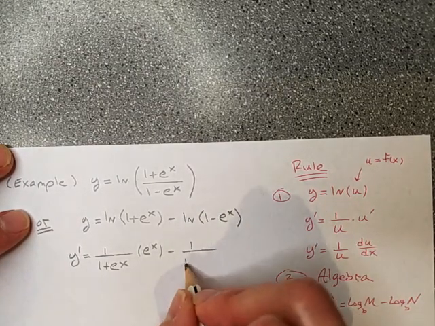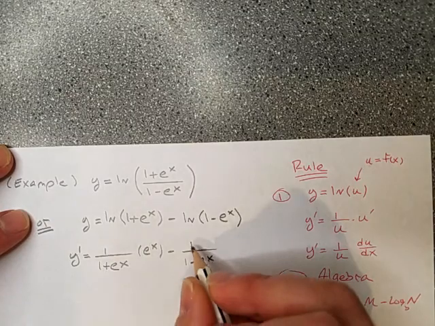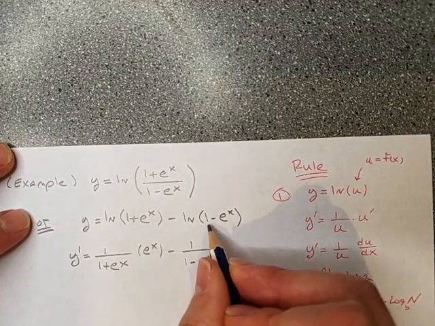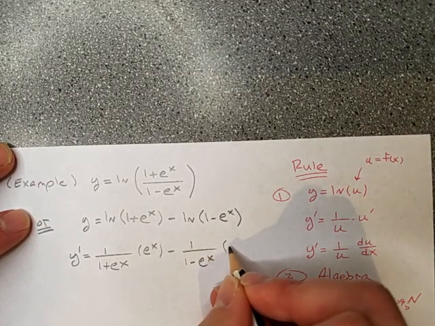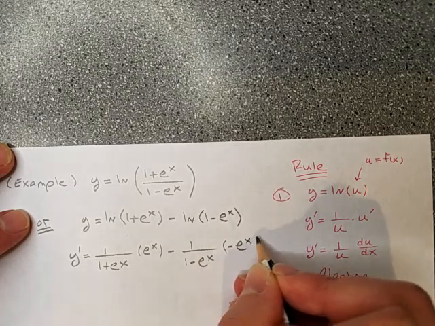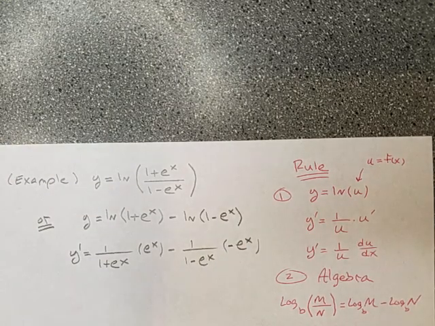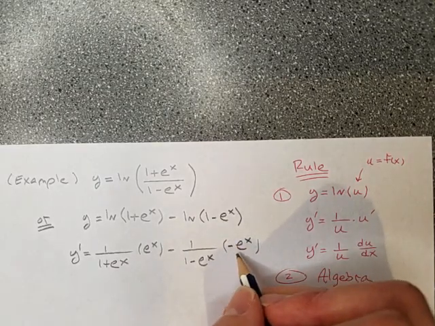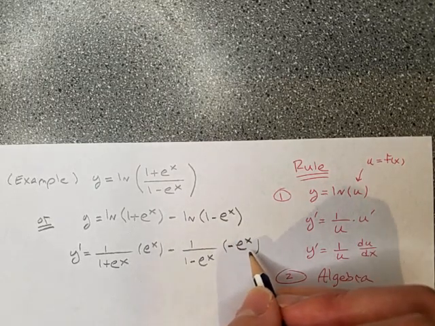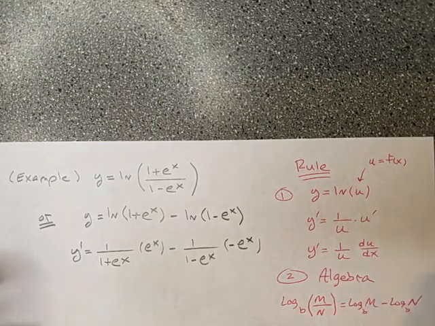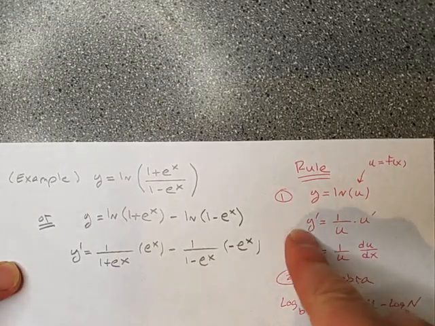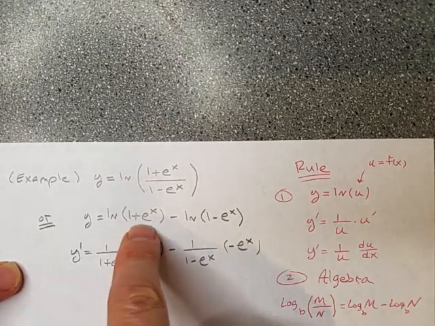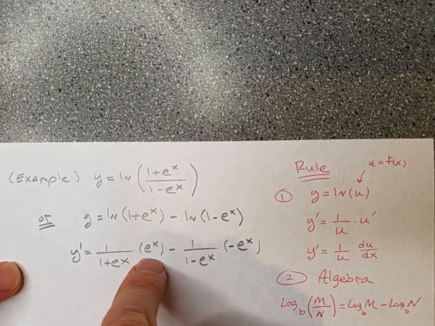1 over 1 minus e to the x, 1 over u. What's the derivative of 1 minus e to the x? 0 minus e to the x, just negative e to the x. All right, so that is this rule, plus knowing that the derivative of e to the x is e to the x.